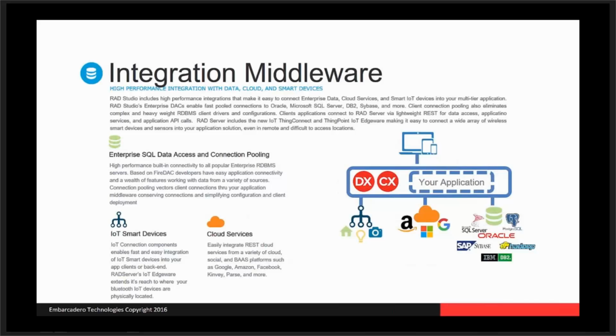The idea of integrating middleware, meaning you can talk to database servers, relational database servers in a more traditional multi-tier model, but you can also leverage other independent cloud services from Amazon, Google, Microsoft, and others. And you can also have integration with IoT devices, sensors, and objects through the ThingPoint model.